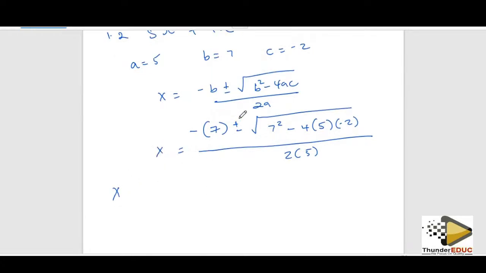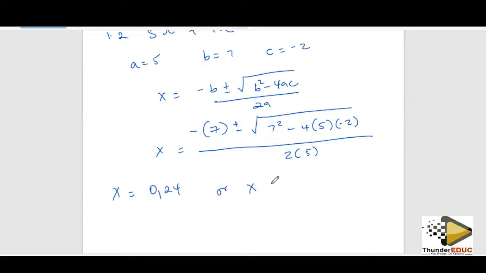Remember I said use one sign at a time when you're substituting within the calculator. Okay. So if I use the square root of that minus 7, over 10, I'm having 0.24.